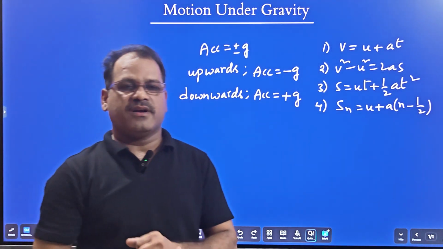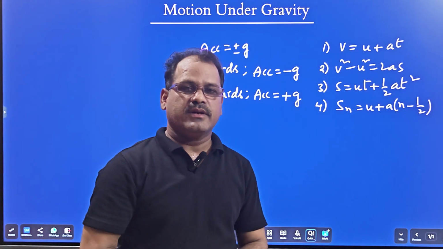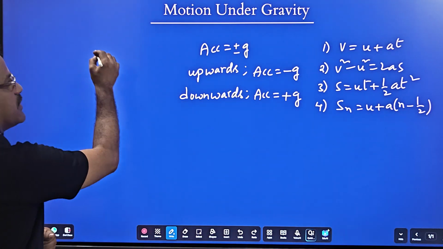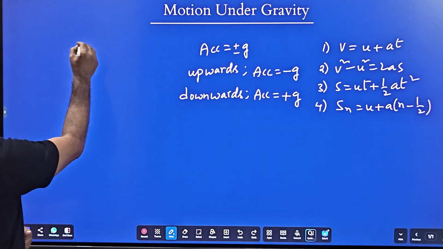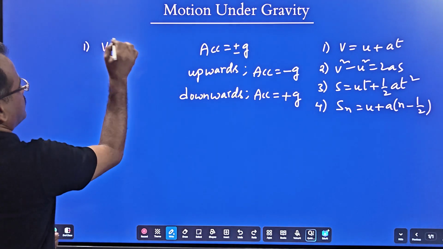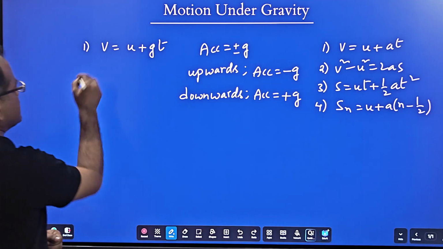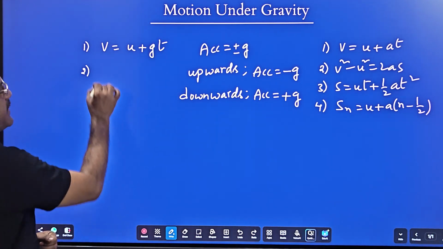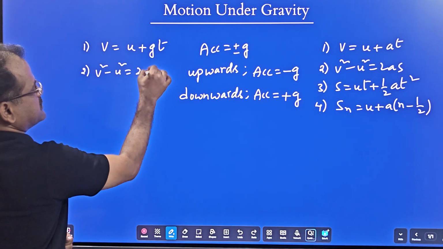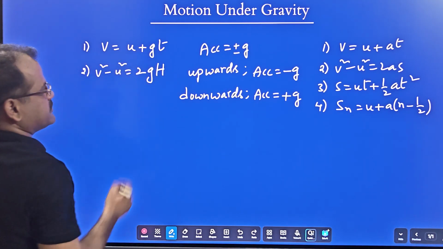With the replacement of these values, let us rewrite these equations of motion for the vertical direction case, in motion under gravity. How do the equations of motion convert? v is equal to u plus at, we rewrite as v is equal to u plus gt. Second equation, v square minus u square is equal to 2g, and since the vertical displacement is the height, we write it as h.